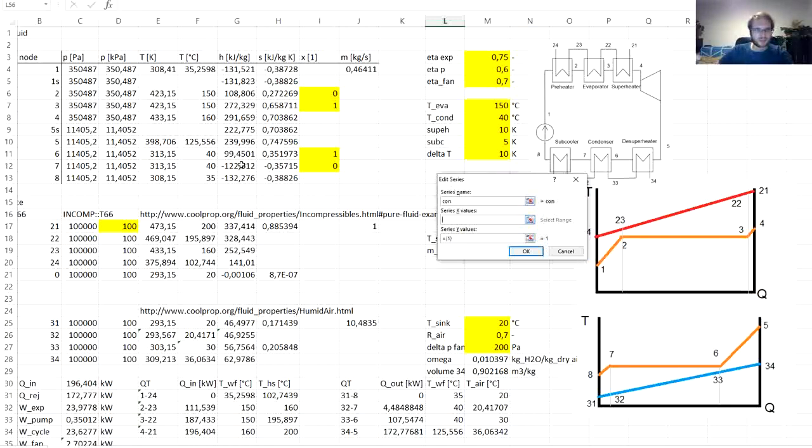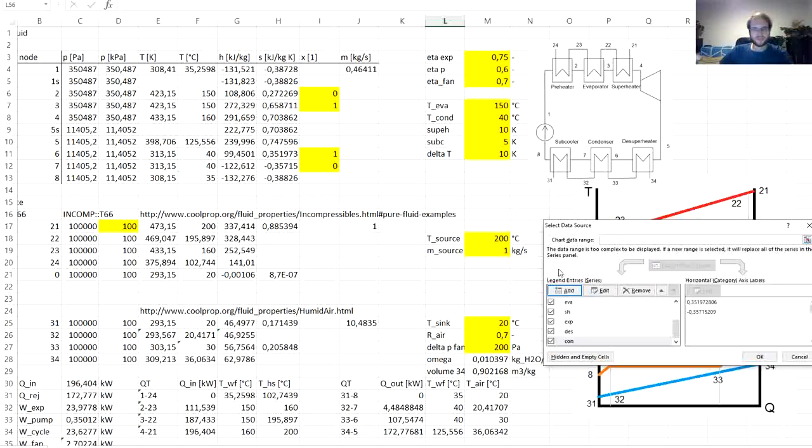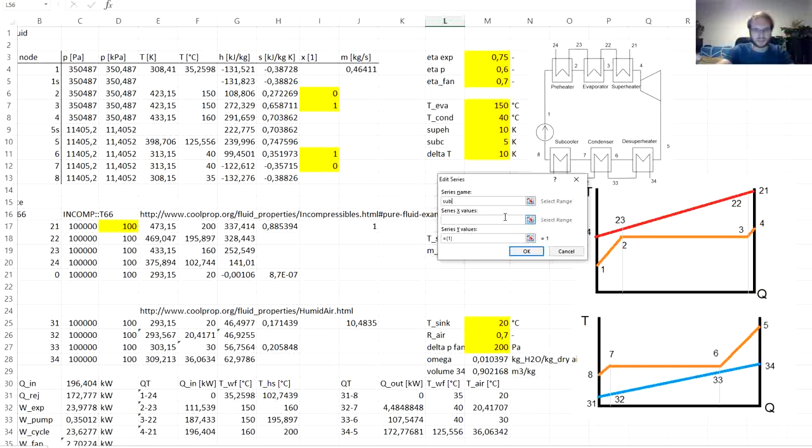Condenser, 6 to 7. And the last is the subcooler, 7 to 8.